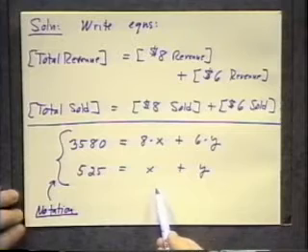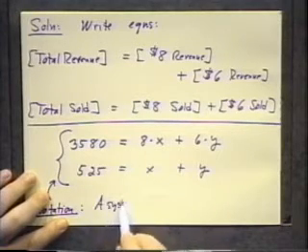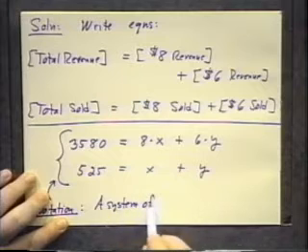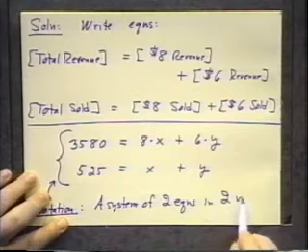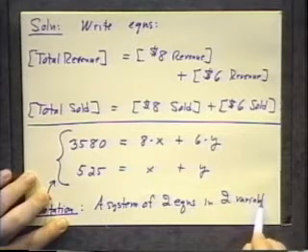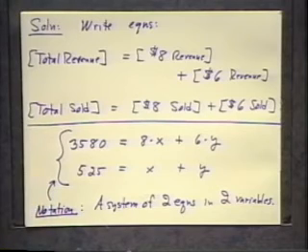So this is an example of what one might call a system of two equations in two variables. The two variables being X and Y here. So there's an example of a system of two equations in two variables.